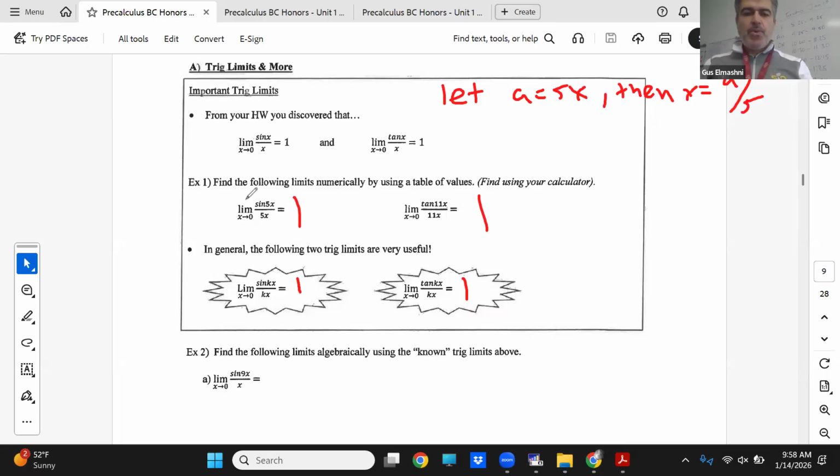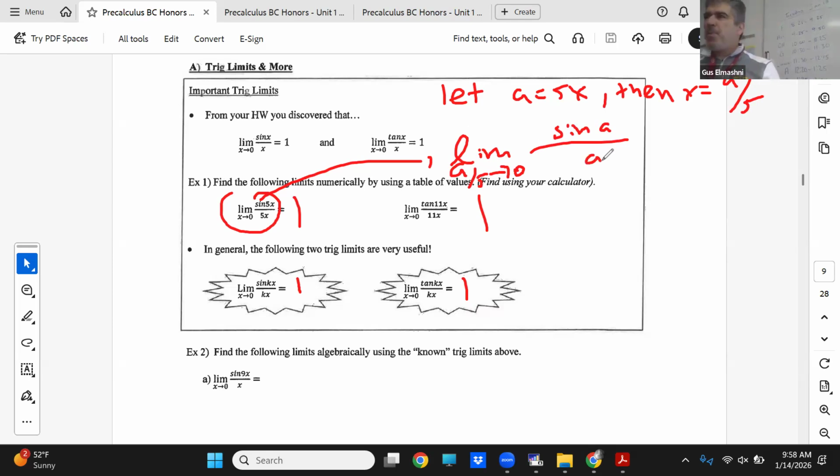So if I were to rewrite this, I'm doing the limit as a over 5 approaches 0 of sine a over a. Well, think about it. If a over 5 is approaching 0, isn't a approaching 0? How would any fraction get to 0? The numerator has to get to 0. What's my numerator? a. So a over 5 approaching 0 is the same as a approaching 0.